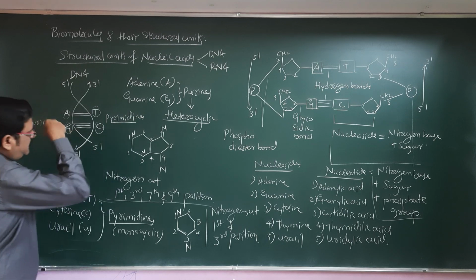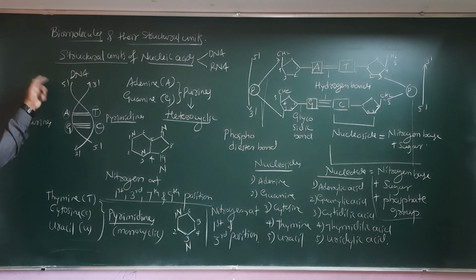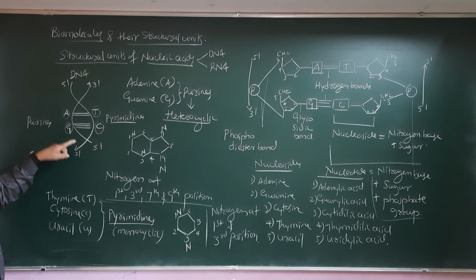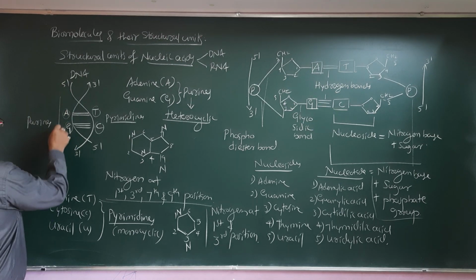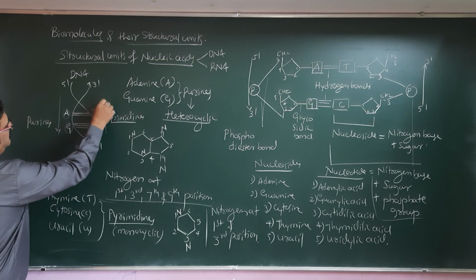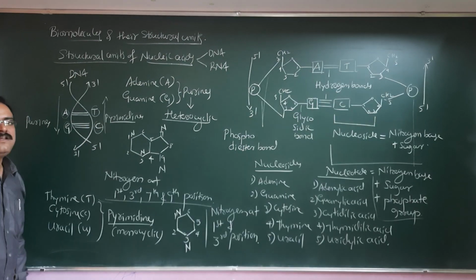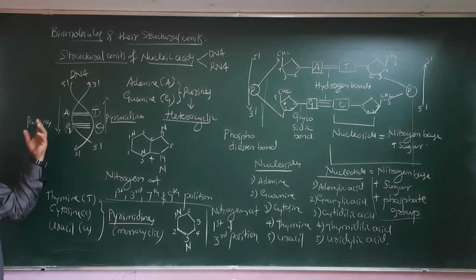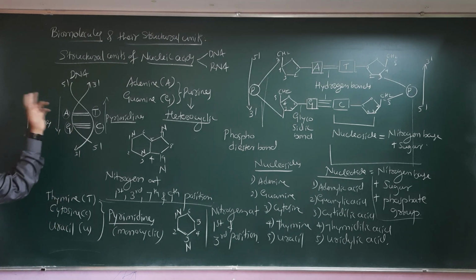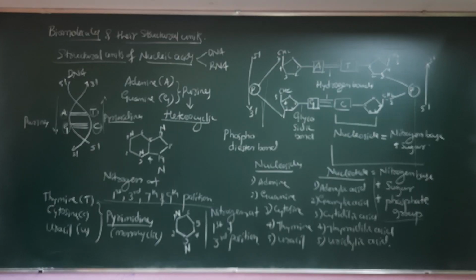It is always a spiral structure, and the strands run opposite to one another, anti-parallel. They are attached by 2 hydrogen bonds and 3 hydrogen bonds: adenine-thymine have 2 hydrogen bonds, guanine-cytosine have 3.